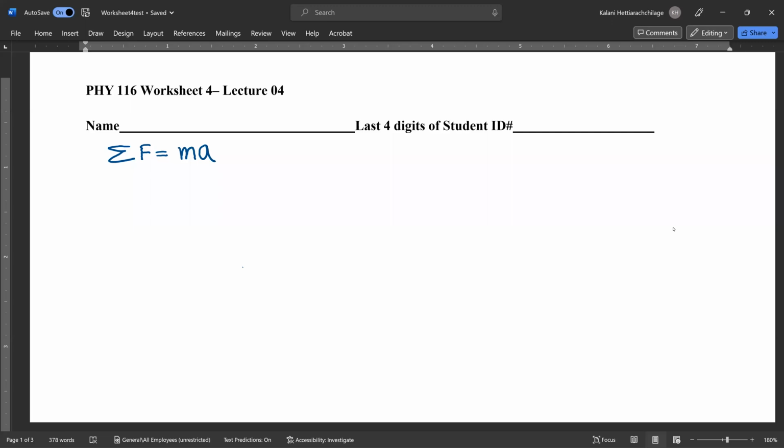You cannot just say force equals mass times acceleration without saying the direction. Whichever direction you are using, the x direction or y direction, you then solve the problem using those linear equations, right? So it is with the direction.